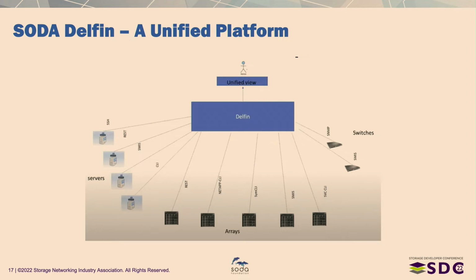In fact, the vision is, that is actually the current state. The vision is that we want to get the application level details as well, so that you can actually see which application is using which volume from which storage through which switches.